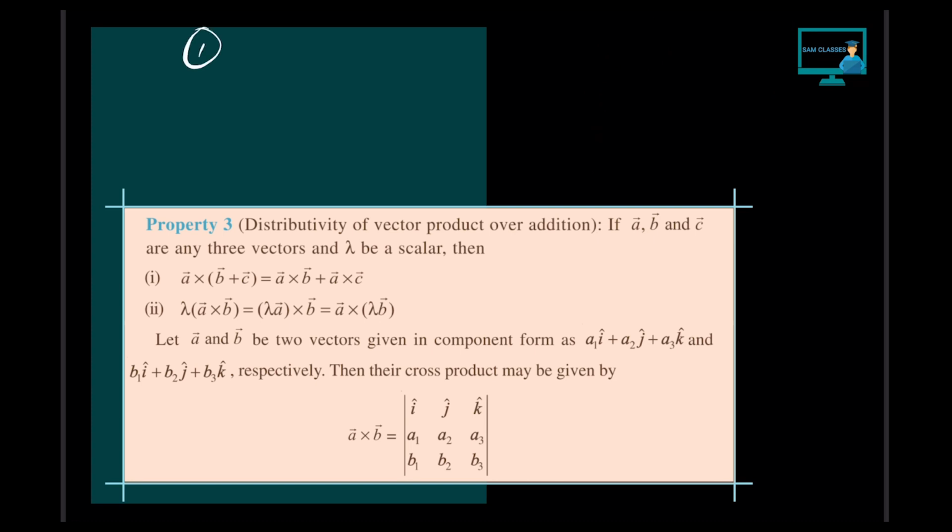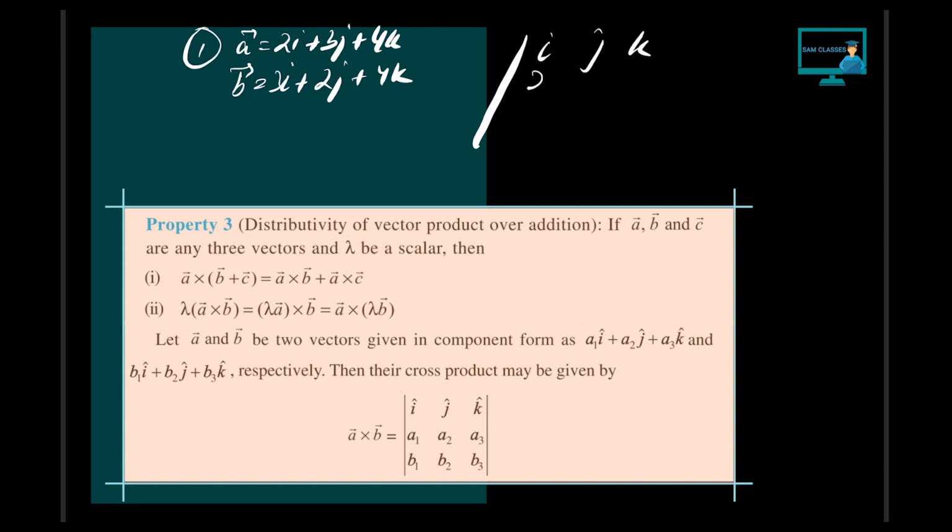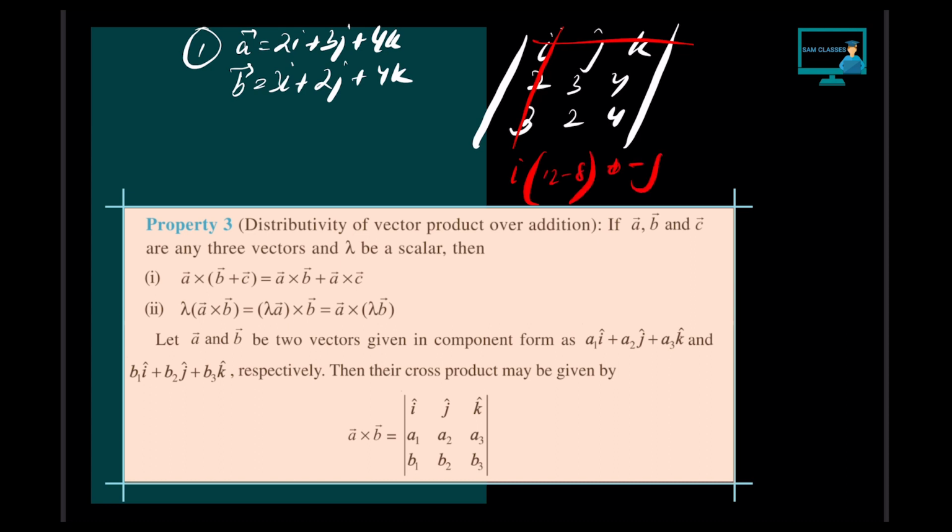So A vector is equal to 2i plus 3j plus 4k, and B vector is equal to 3i plus 2j plus 4k. When I do the cross product, i, j, k, 2, 3, 4, 3, 2, 4. For i, leave that row, leave that column. So I get i into 12 minus 8. Now j will be minus j. Why?